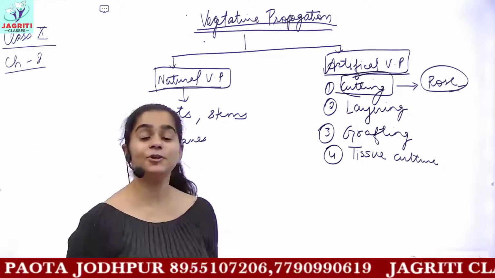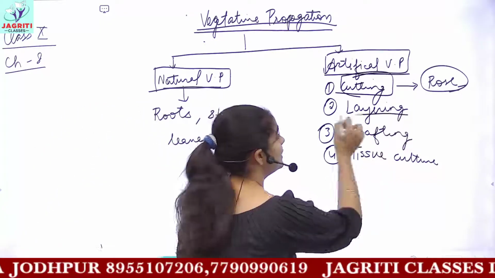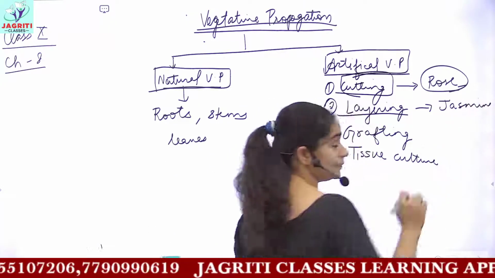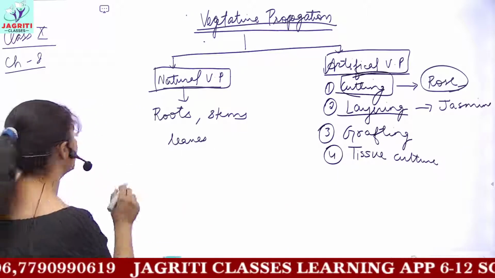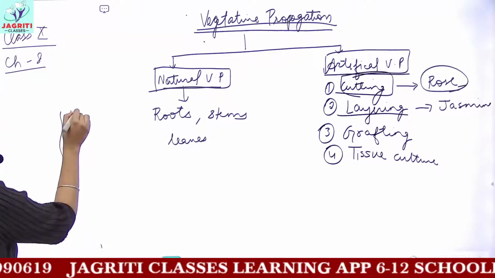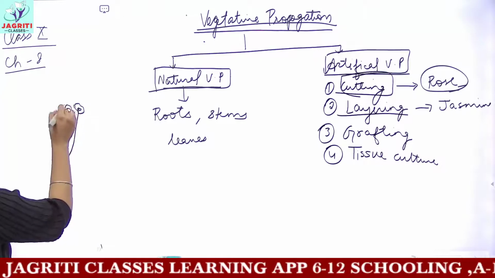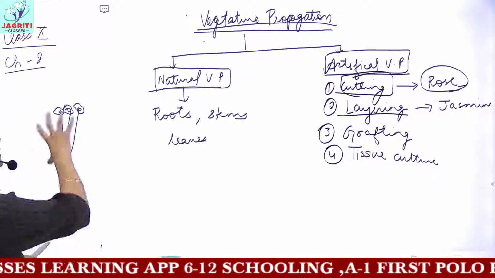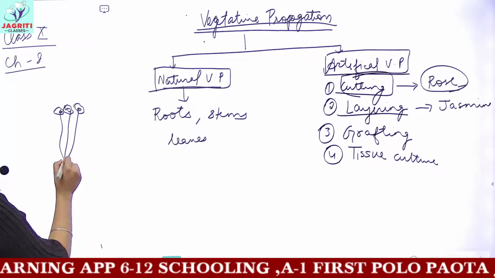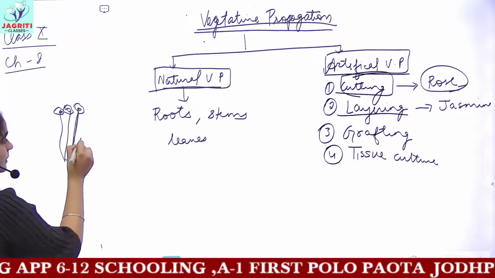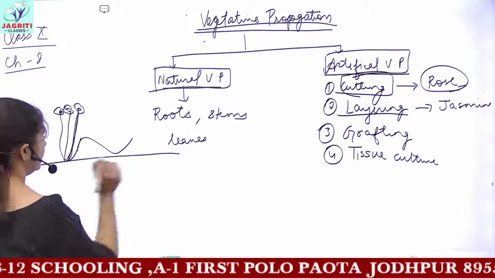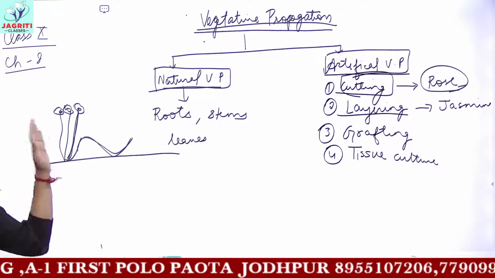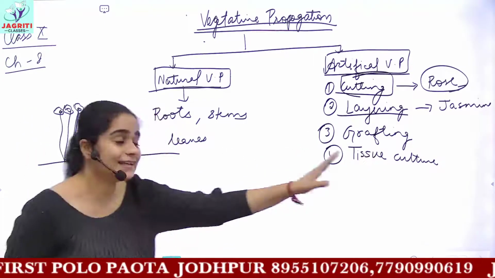Next you have the method of layering, commonly observed in jasmine. Let's suppose you have a jasmine plant, whose branches or stems are quite flexible. We bend the stem of the jasmine plant and put it in the soil.